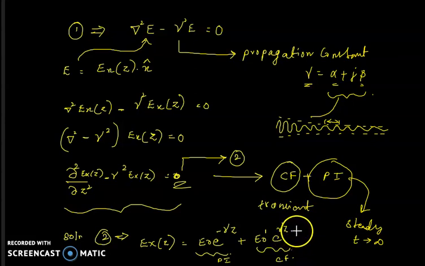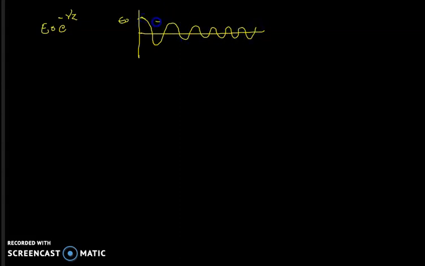Looking at this complementary function, we can see that as time propagates, this amplitude is increasing, but here as time propagates it will produce a constant amplitude, that is E naught. So the particular integral function, E naught e power minus gamma z, looks like this. It always starts from E naught and stays steady.